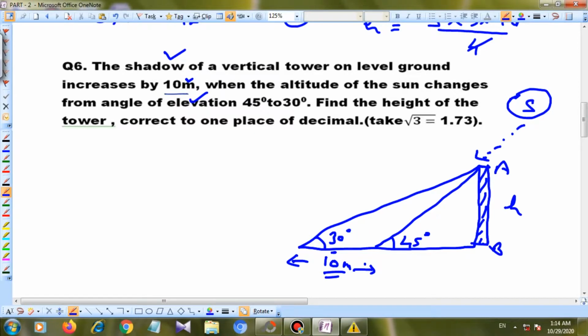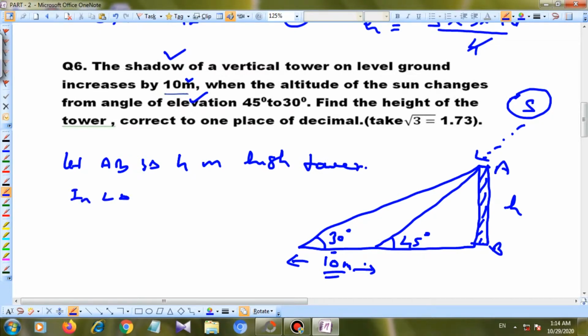So our statement will be, let AB be an h meter high tower. So in right angle triangle ABC, tan 45 degree equal to h upon x, suppose BC is x.